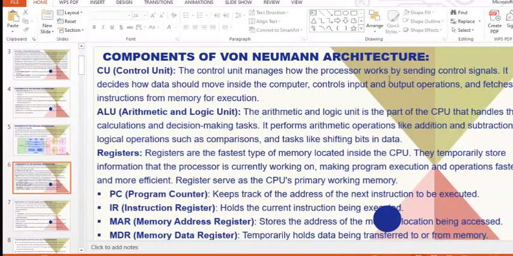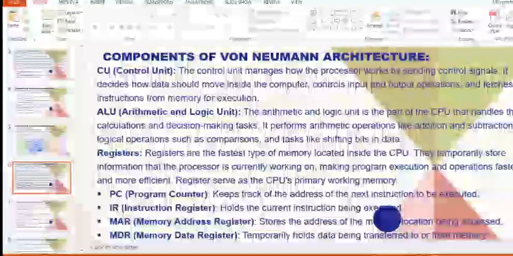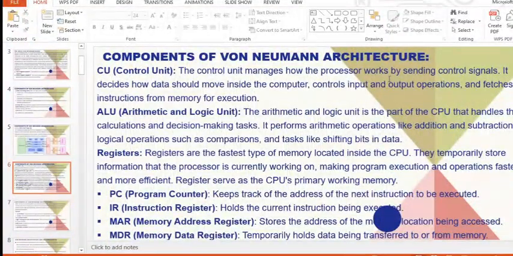Also, using logic operations such as comparisons, and tasks on the binary bits within the data sets, you're able to work with other digital electronic devices such as the OR gates, for current to be able to flow. Because these are electronic devices, this is what we call sequential current flow.